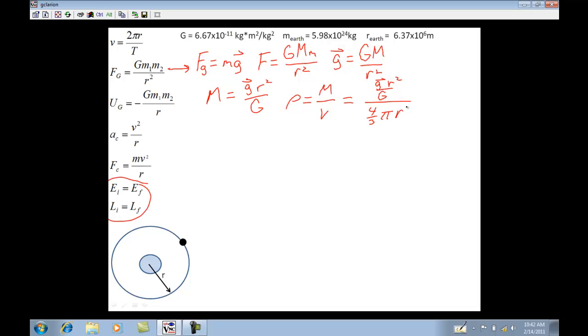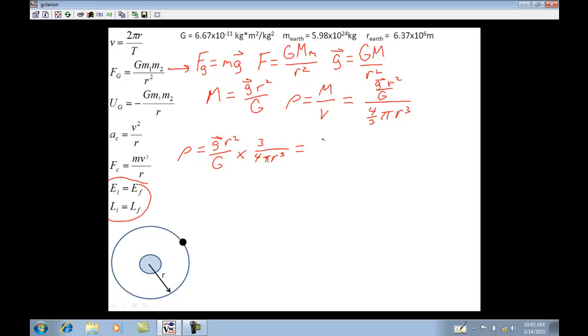All right. And so rho is equal to g r squared over big G times 3/4 pi r cubed. Let me know if I made a mistake.